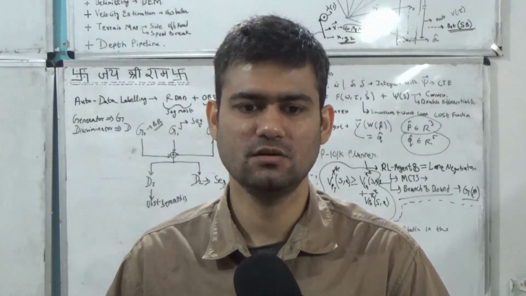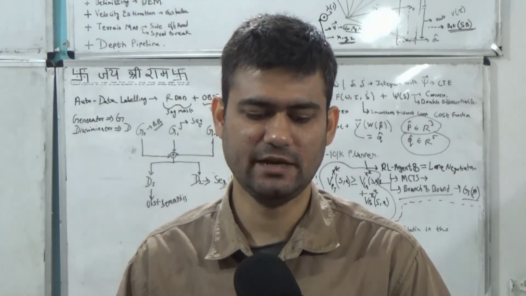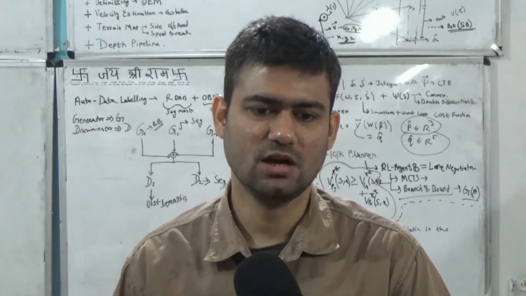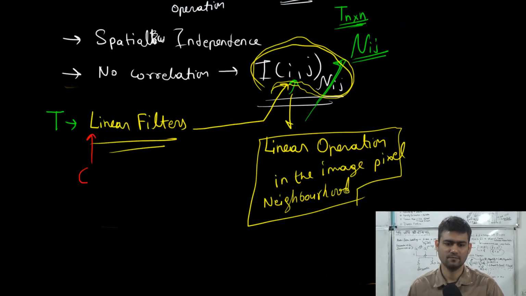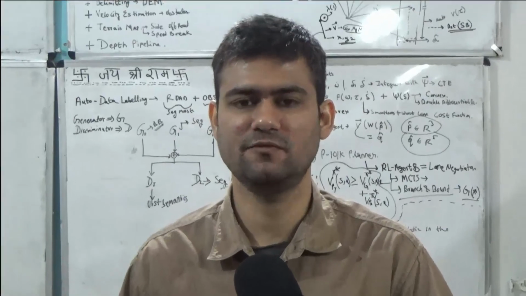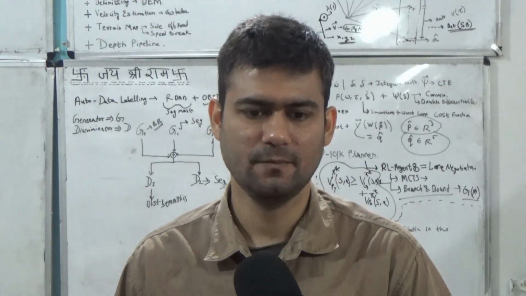And one of the most common operations, not just in image processing and computer vision but also in deep learning, is a convolution or correlation operation. So these are the two most common operations that a filter performs in the neighborhood of pixel i comma j to get the value of the transformed pixel.